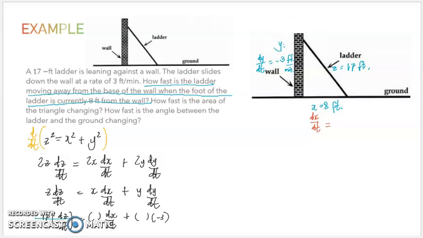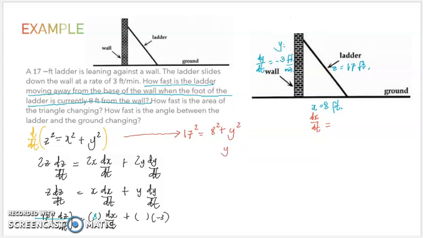And then we have the x as 8. And how about the y? So this y here, actually we can solve for it using our Pythagorean theorem. So we have the z as 17. So 17 squared, we have an x that is 8, 8 squared plus y squared.